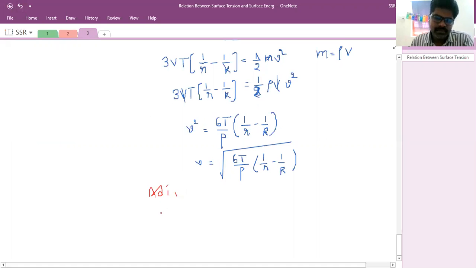Adiabatically means what happens? The temperature either falls or rises.